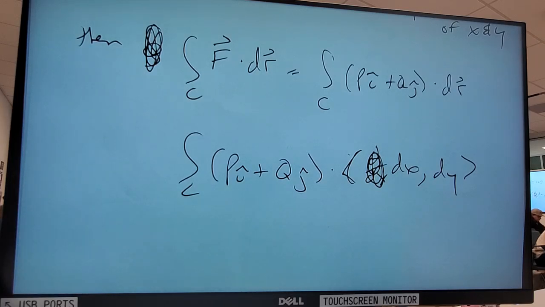So dr is the vector that contains the infinitesimals in all the different directions. So if I was in 3 dimensions, it would be dx dy dz.